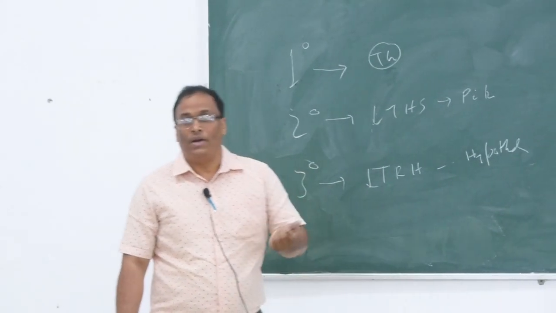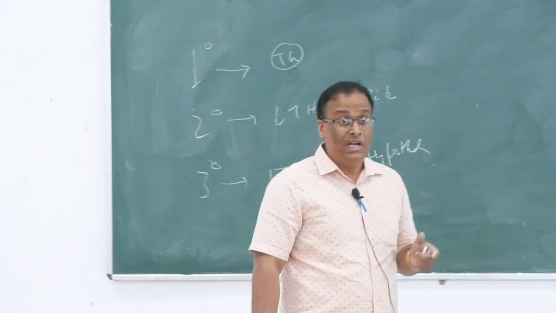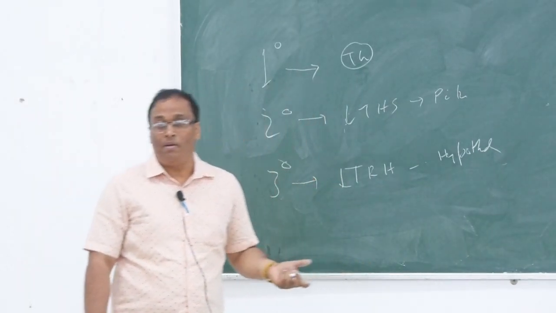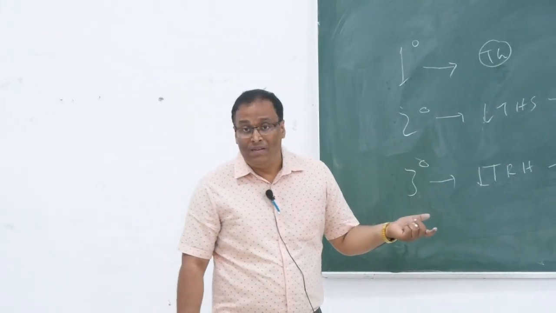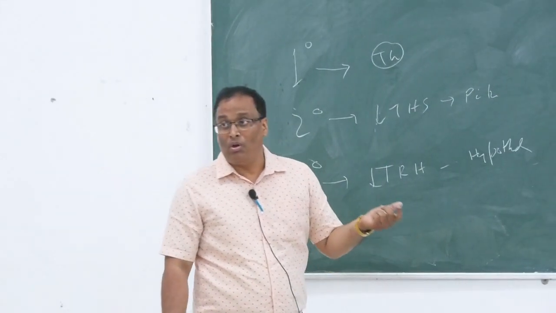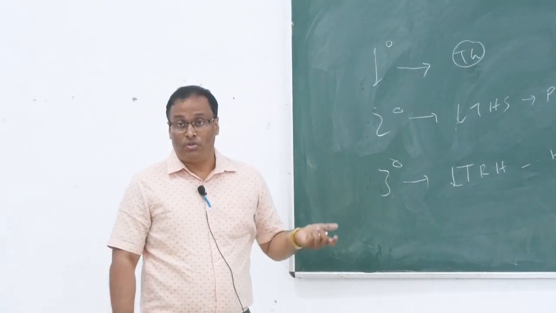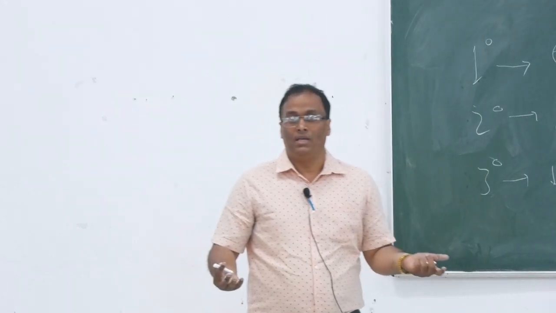Suppose gonads, LH, FSH releasing from the testis and ovary. Female gonads mainly LH, FSH, and the male, that is testosterone, dihydroepiandrosterone, and also inhibin. So these are the hormones. But where is the control?